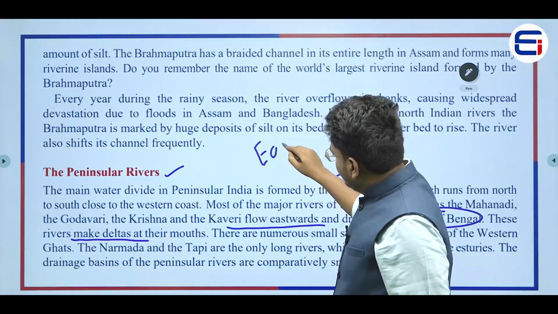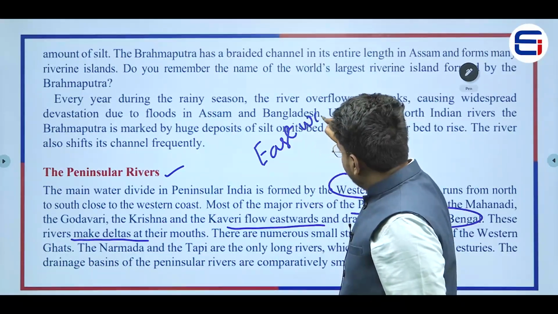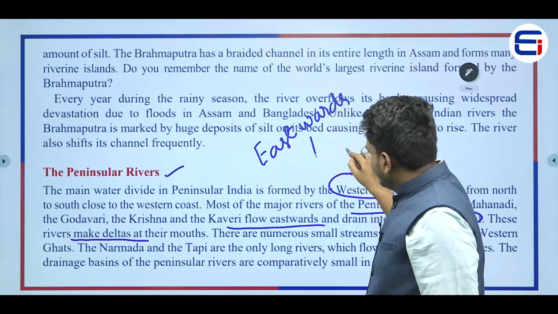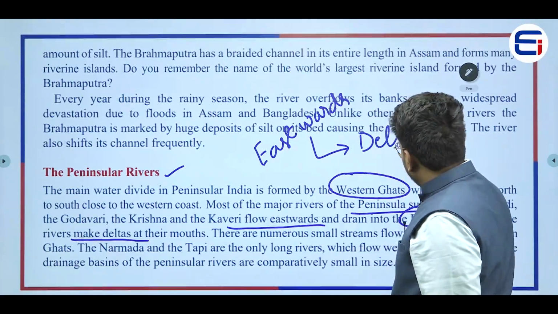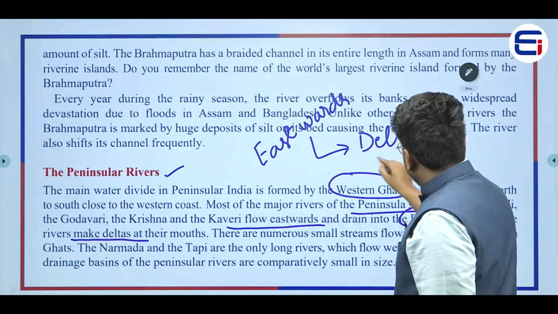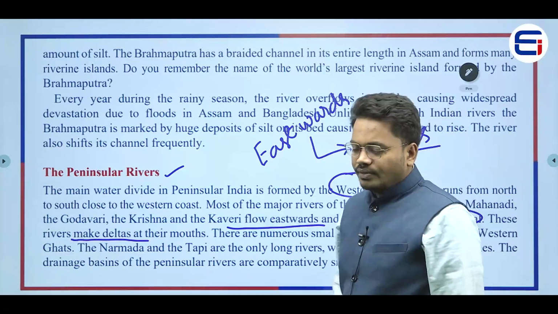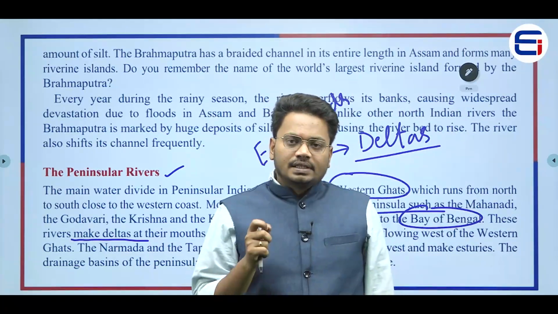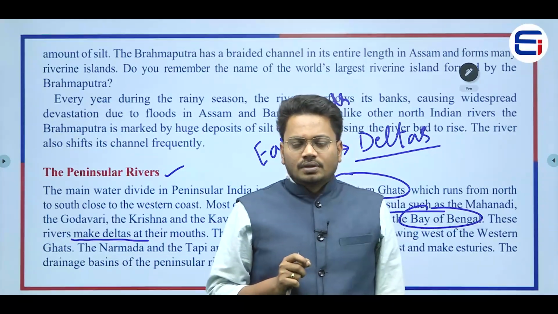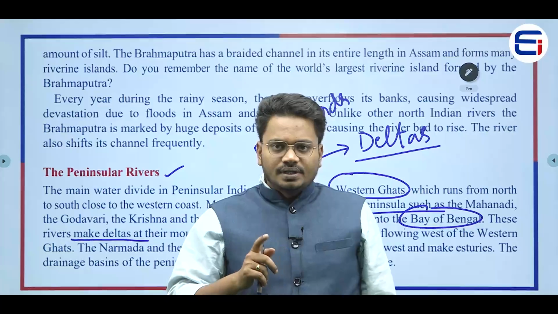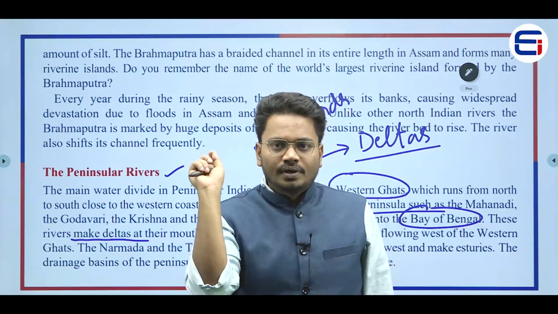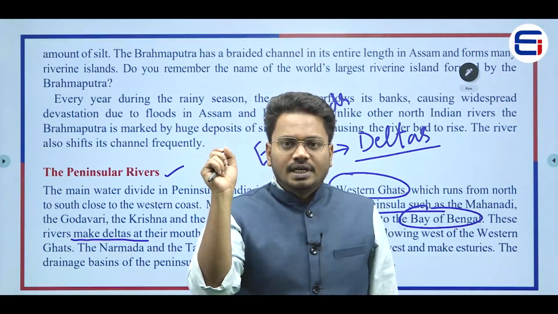These rivers which are moving eastwards would be creating deltas, at the point of confluence, right. The place where the river meets the sea, there we can see the formation of deltas. And how are these deltas formed?